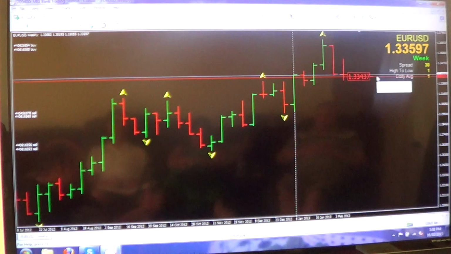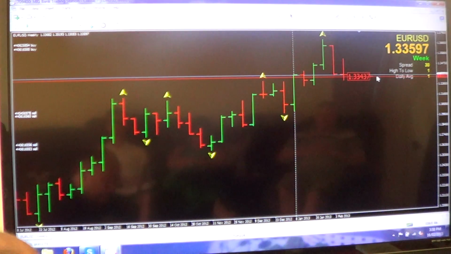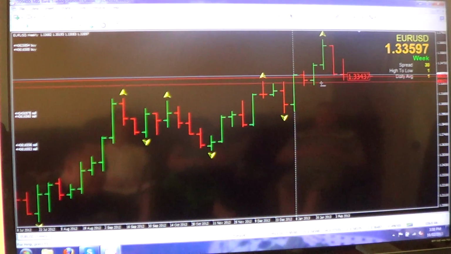Now, looking at that, we need a target. Where would we project our take profits to be? I'd be looking at the next level of resistance. Tell me when to stop.